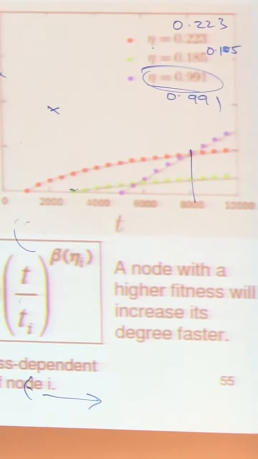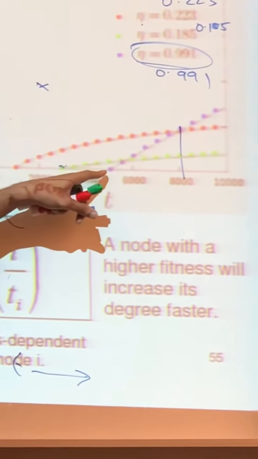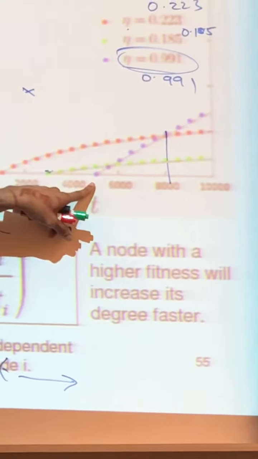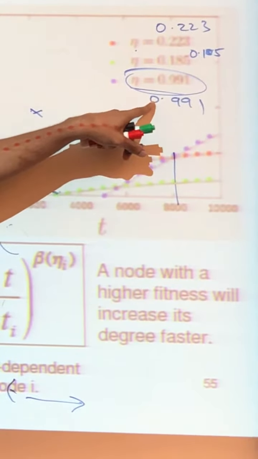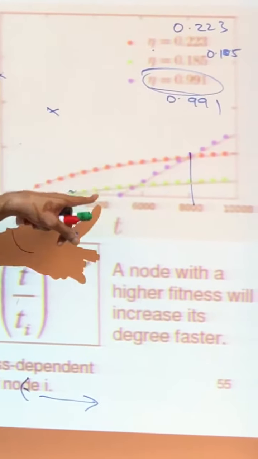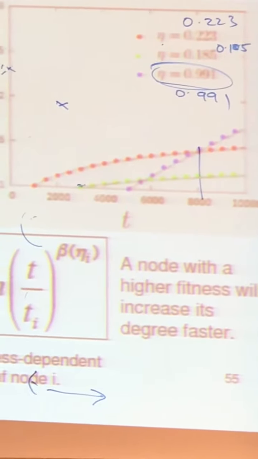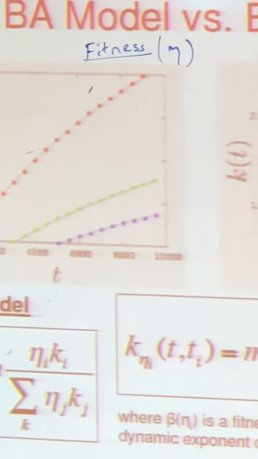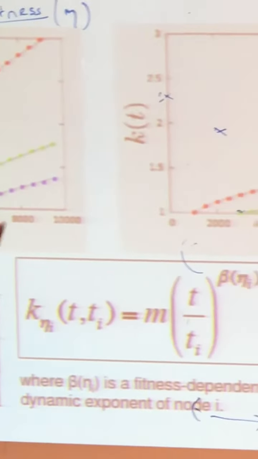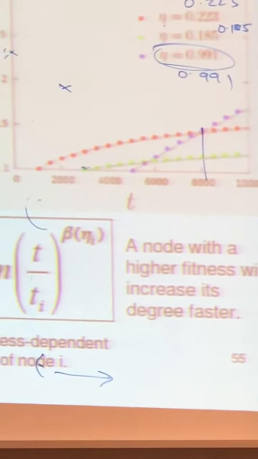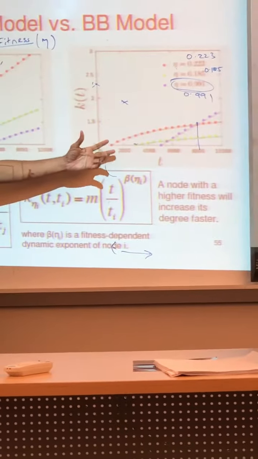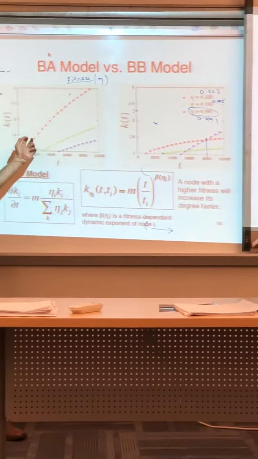So the blue node, which was the latest to join, since it had a larger fitness value, its degree eventually will shoot up and go beyond the degree of the other two nodes. So this will be able to model a real world network more closely compared to the previous model.